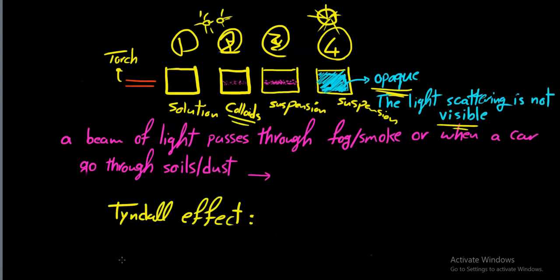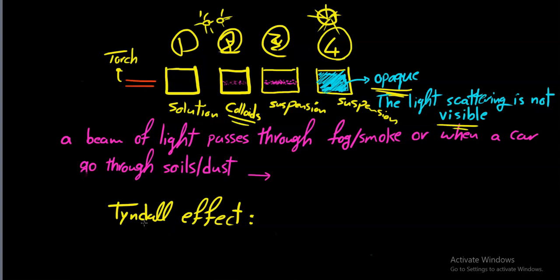The thing that we are going to talk about in this video is the Tyndall effect. As I told you on the last page, the Tyndall effect is that the passage of light in colloids is visible. When you shine a torch through a colloid, you can see the passage of light is completely visible in the colloid, and we call it the Tyndall effect because Tyndall was the name of the scientist who found out this interaction between light and colloids.